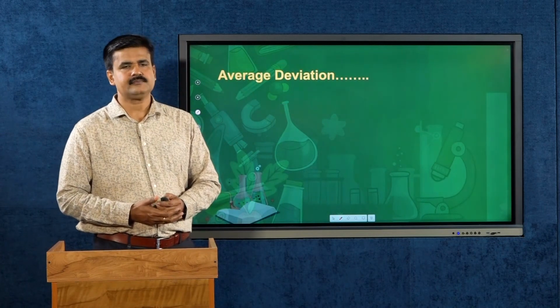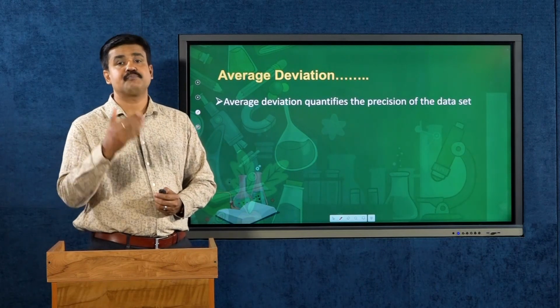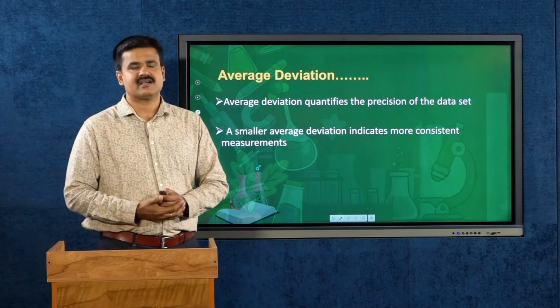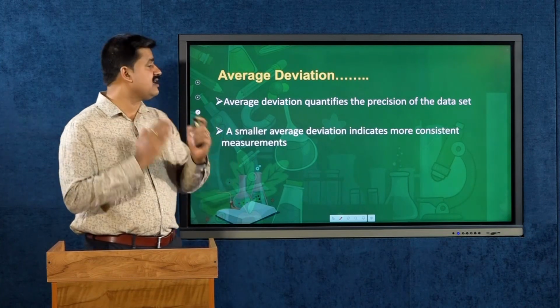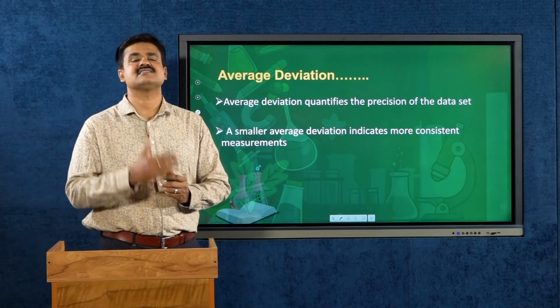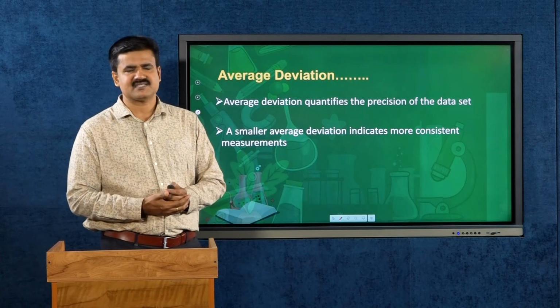Now, the average deviation quantifies the precision of a data set. A smaller average deviation indicates more consistent measurement. You are very familiar with the terms accuracy and precision.